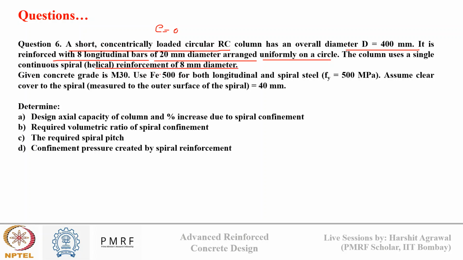The grade of concrete is given, the grade of steel is given, and for both spiral and longitudinal steel we need to assume Fe 500 steel, and assume a clear cover of 40 mm. These are the four things that you need to calculate: design axial capacity of the column, required volume of spiral confinement, required pitch spacing, and confinement pressure created by the spiral. Can anyone tell me how you will proceed with this question?